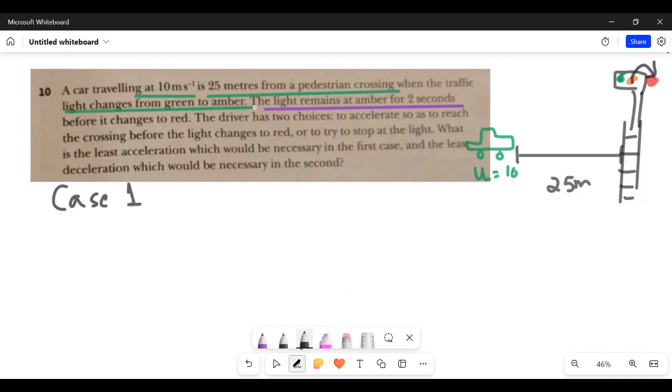He wants to cross the entire distance within those 2 seconds. So U is going to be 10, that's his initial speed. He has to cross the entire 25 meters, so S equals 25 meters. He just has 2 seconds to do this, because otherwise the light will become red. So time is 2 seconds.